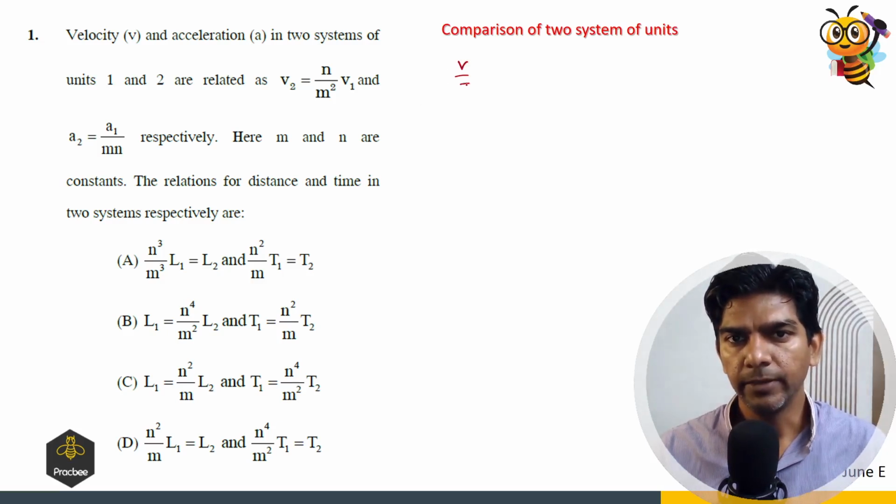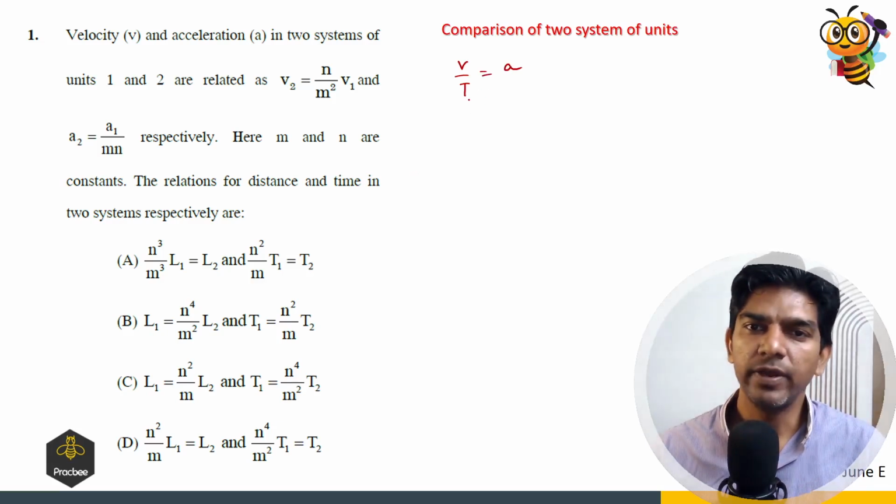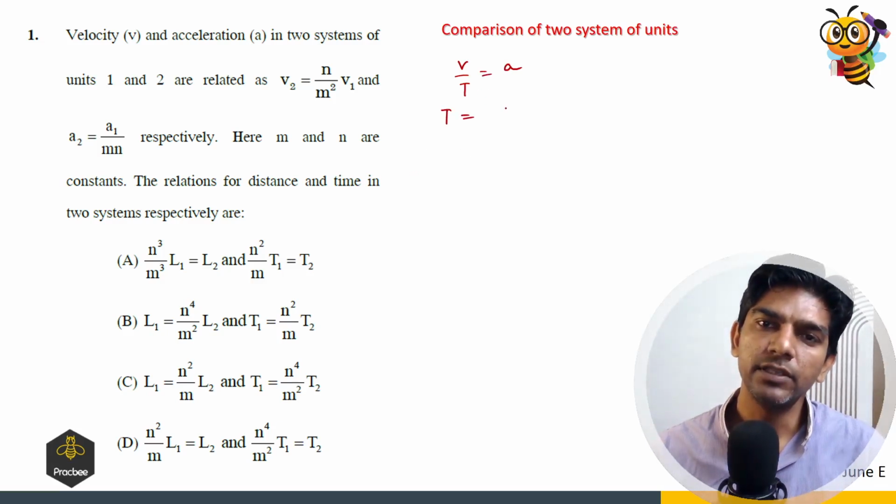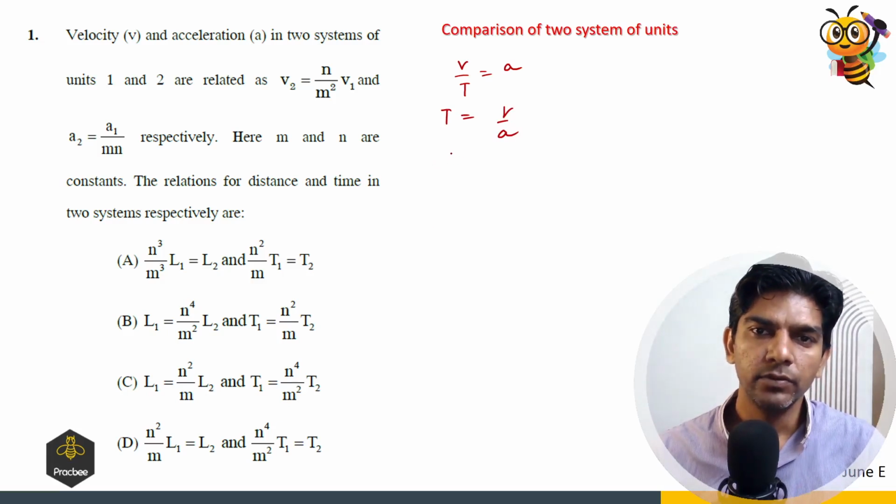So v by t gives us acceleration, right? So if we want to find time, time is nothing but v by a. So let us find that. So v2 by a2 will give us t2, right?